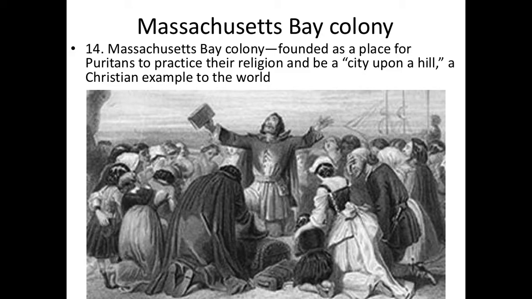And so if you think of a city upon a hill, you look up a hill and you sort of admire whatever is there because that's an example that you can follow. And so they thought that if they modeled how a society should behave, a good Christian society should behave, then other colonies would do the same and other countries would do the same.